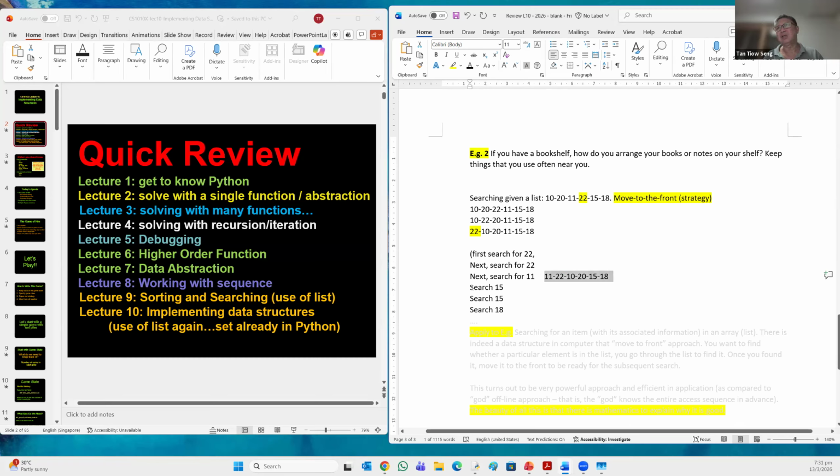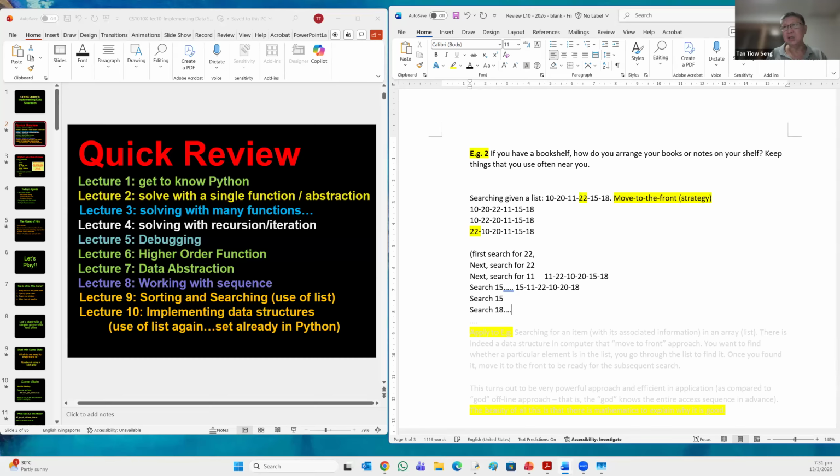When you search for 15, then it will become something like 15, 11, and then 22, 10, 20, and 18. You know what I mean. If you search for 15 again, you will get the same thing.